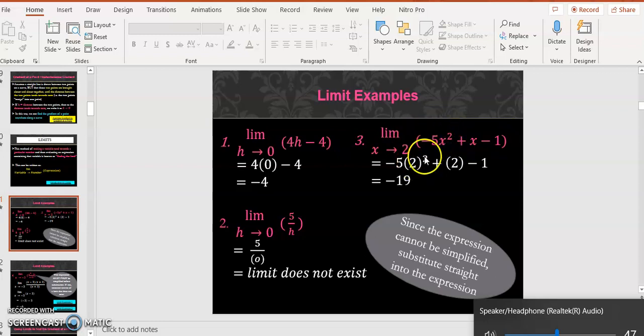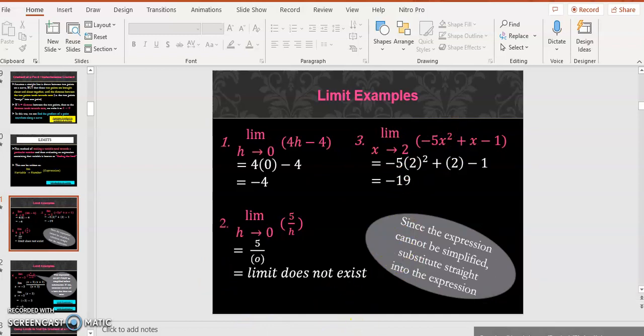So when you see x, what are you supposed to substitute there? 2. So you have minus 5, 2 squared plus 2 minus 1. And if you simplify this, what are we going to get? Minus 19.